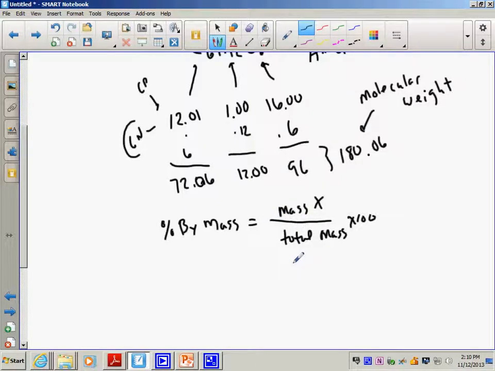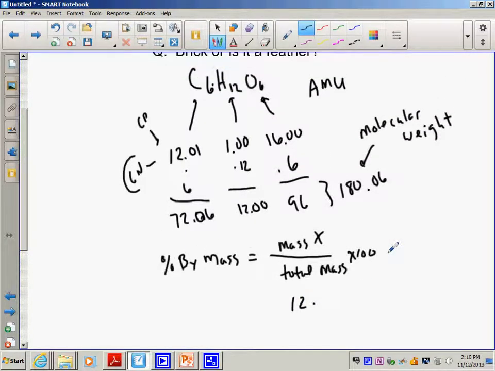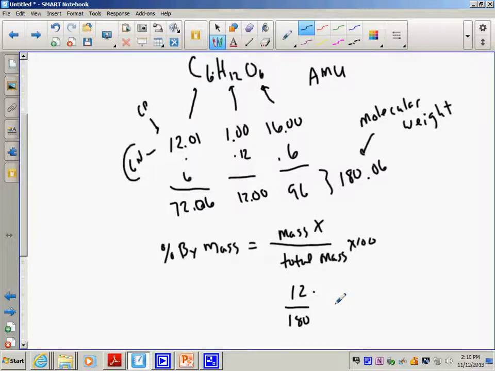So this will be 12, the mass of the hydrogen located right here. Total mass would be 180. We'll divide that out, and then we just multiply it times 100.